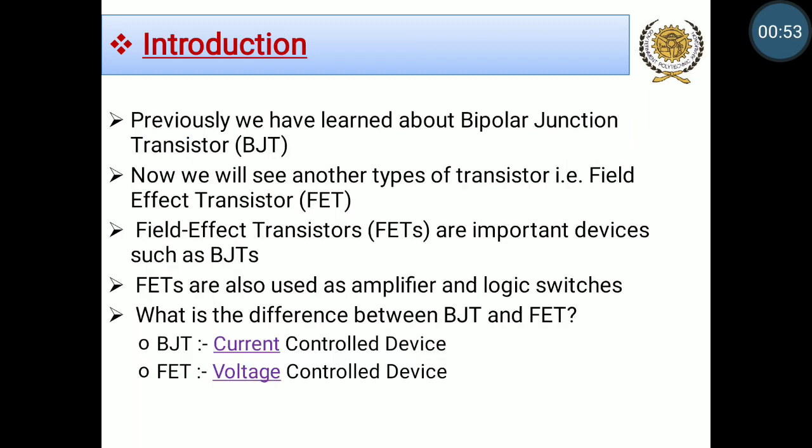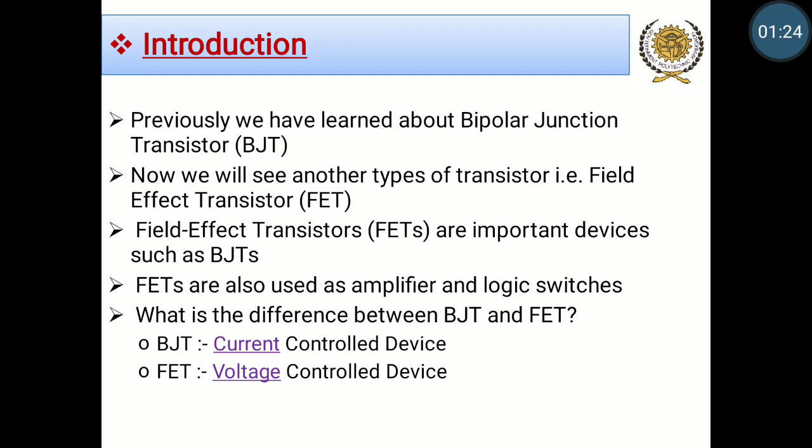First of all, we will see the introduction of field effect transistors. Previously, we have learned about bipolar junction transistor, also called BJT. Now we will see another type of transistor, that is field effect transistor, also called FET. Field effect transistors are important devices like BJTs.